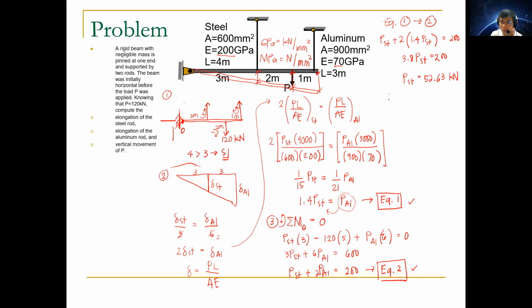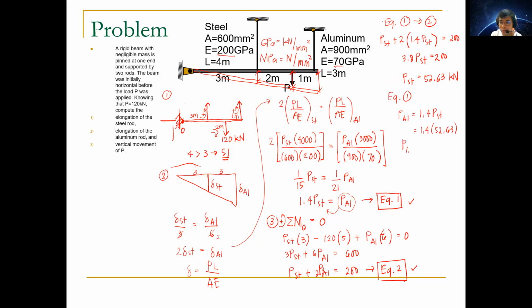Now using equation 1, P aluminum is just equal to 1/4 of P steel. So this is 1/4 multiplied by 52.63.